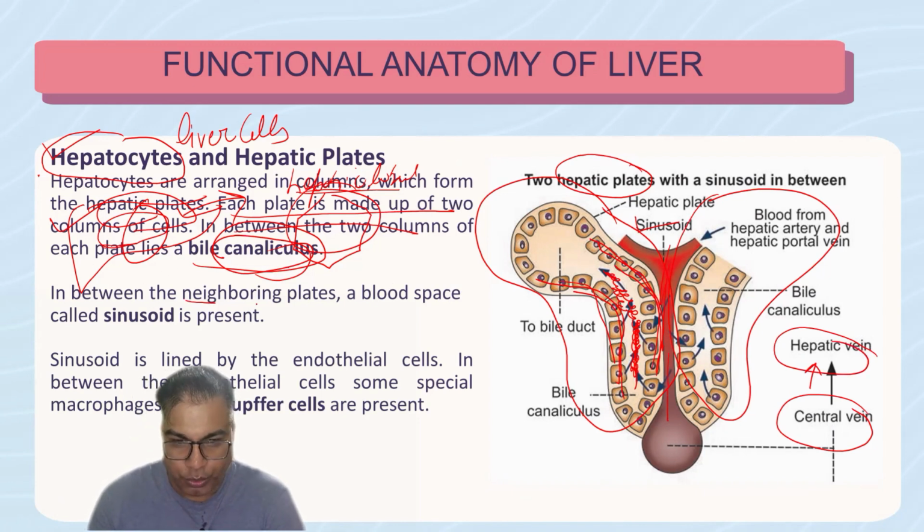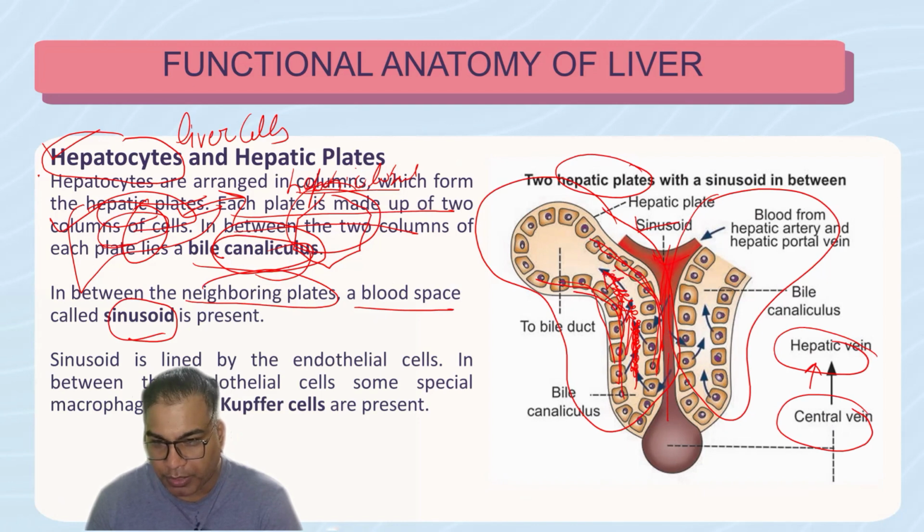So in between two neighboring plates, a blood space is present that is called sinusoid. The space between the columns is called bile canaliculus. These are the two hepatic plates.